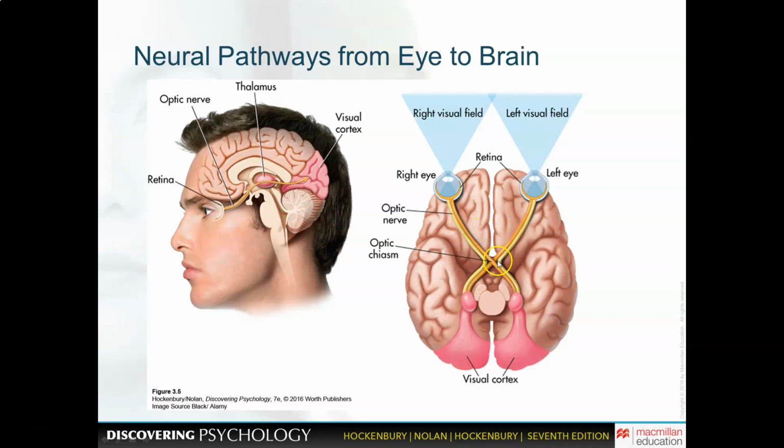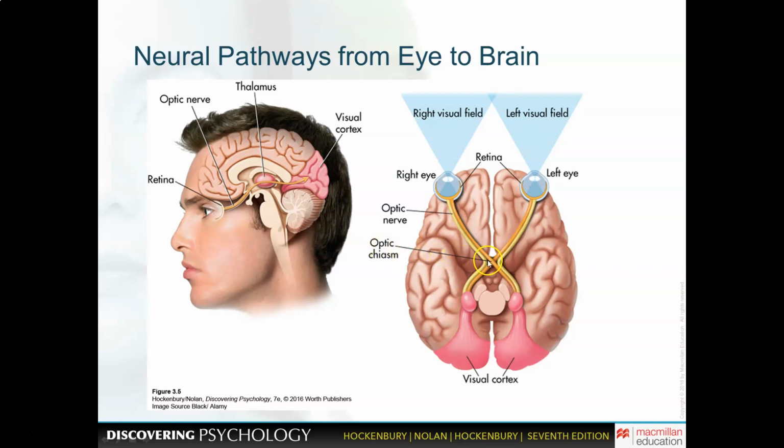What's interesting right here is we have our left eye and our right eye. This is looking from underneath the brain, by the way, not from the top. This is from the bottom up. So the left eye, did you notice that right here it crosses and goes into the right side of the brain? The point at which it crosses is called the optic chiasm.